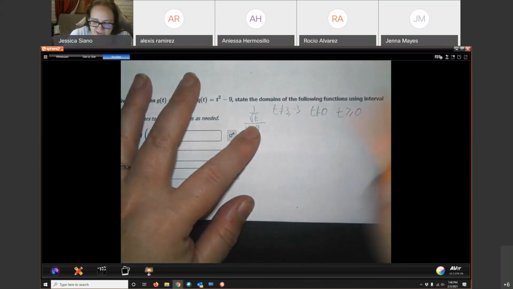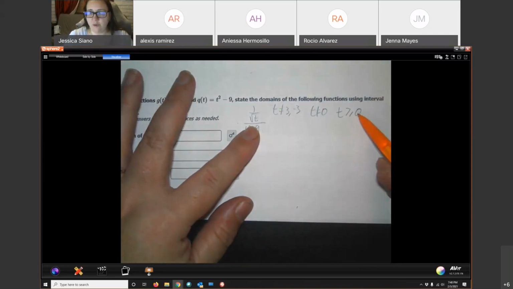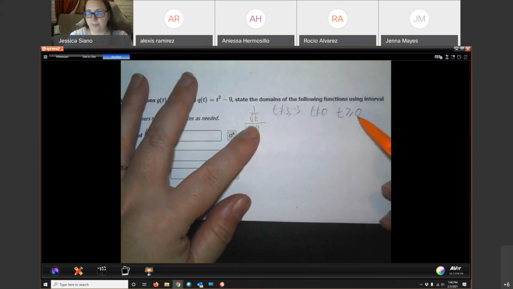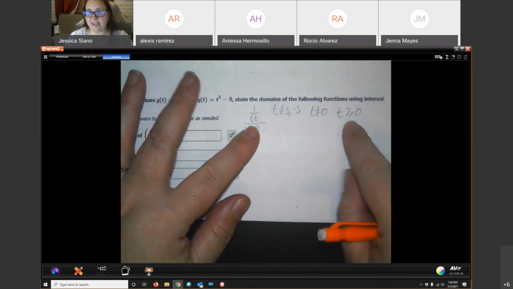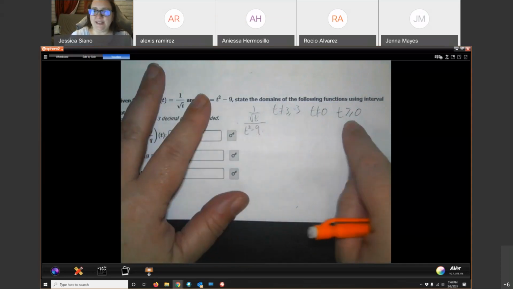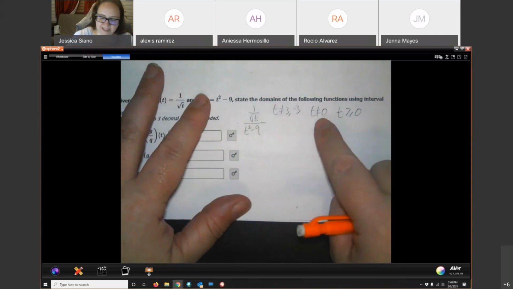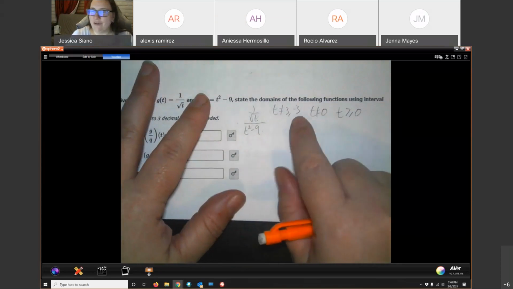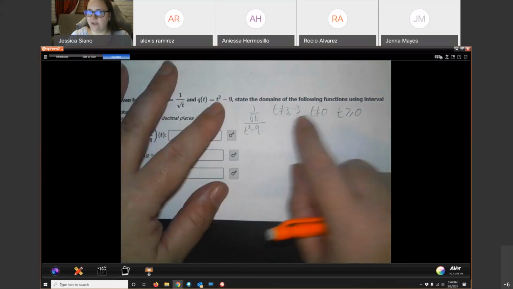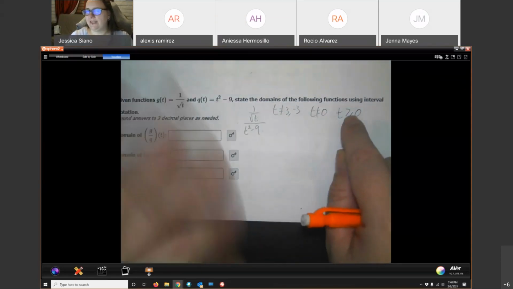So now I'm going to look at everything I have here, and I'm going to put a domain together based on all of this. Okay? So t definitely has to be greater than or equal to 0, except it's not 0, and it's not 3. I didn't repeat that -3 because -3 is not greater than or equal to 0. So this eliminates the -3.